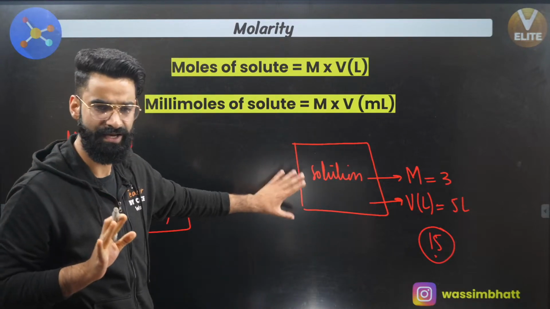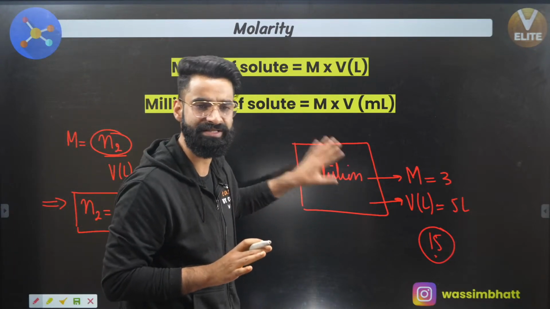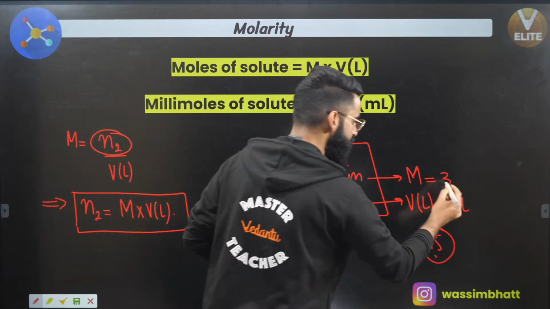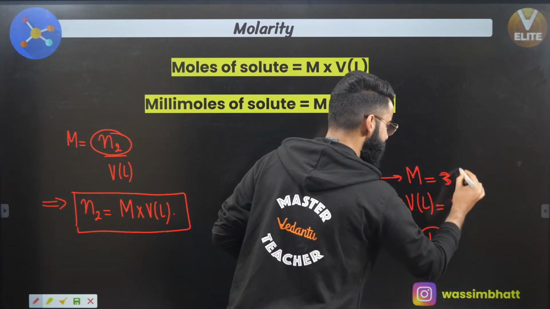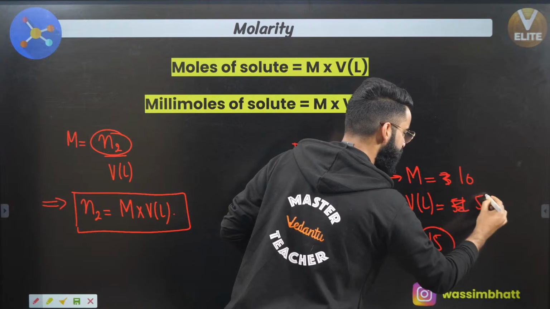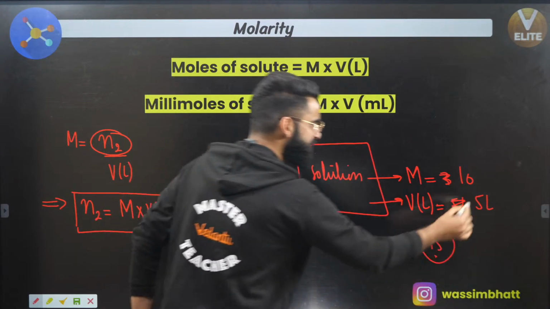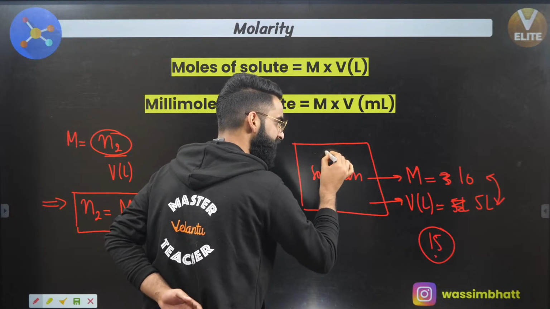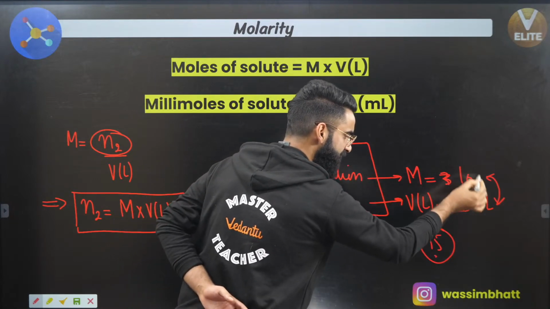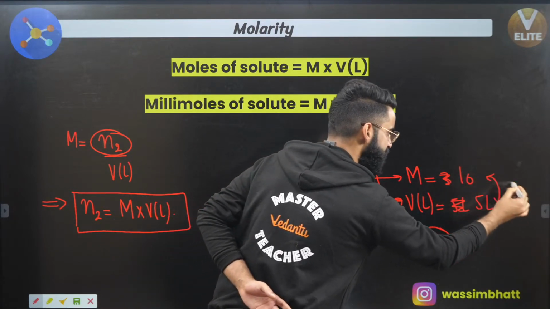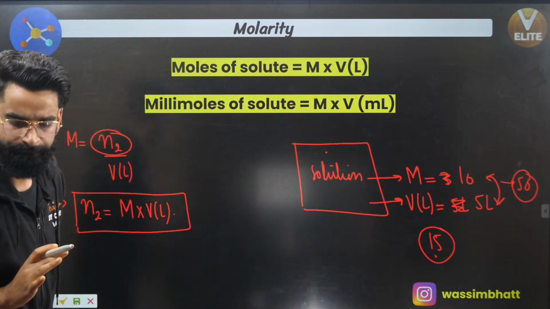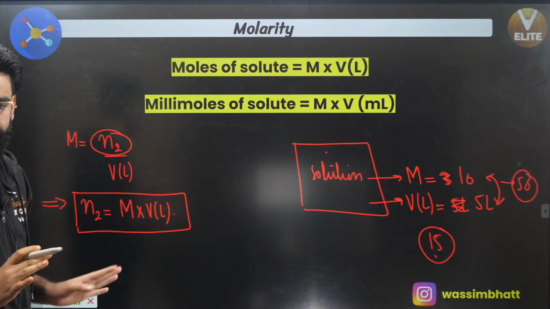Let's say I've got a solution whose molarity is 10, whose volume is 5 liters. 10 fives are 50, so 50 moles of solute are present in this container right now. All these things I can get from here.